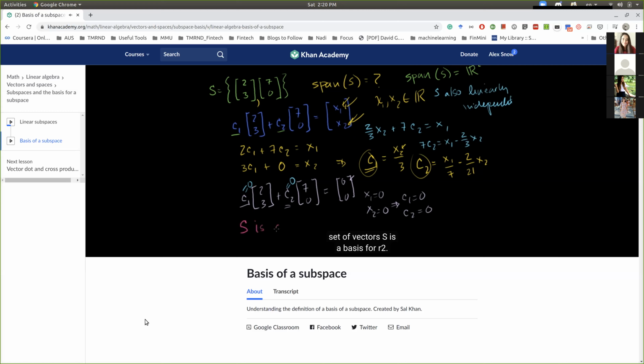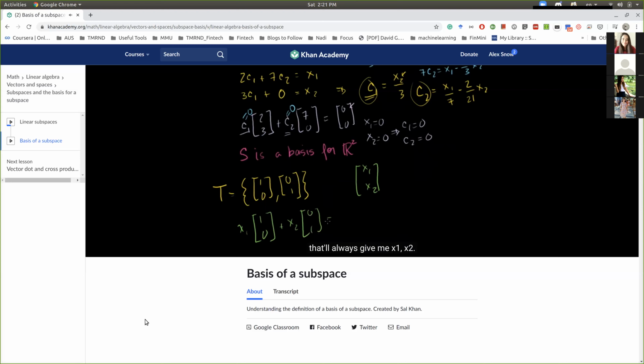Let's say I want to get to x1 and x2. How can I construct that out of these two vectors? Well, if I always just do x1 times 1, 0 plus x2 times 0, 1, that'll always give me x1, x2.